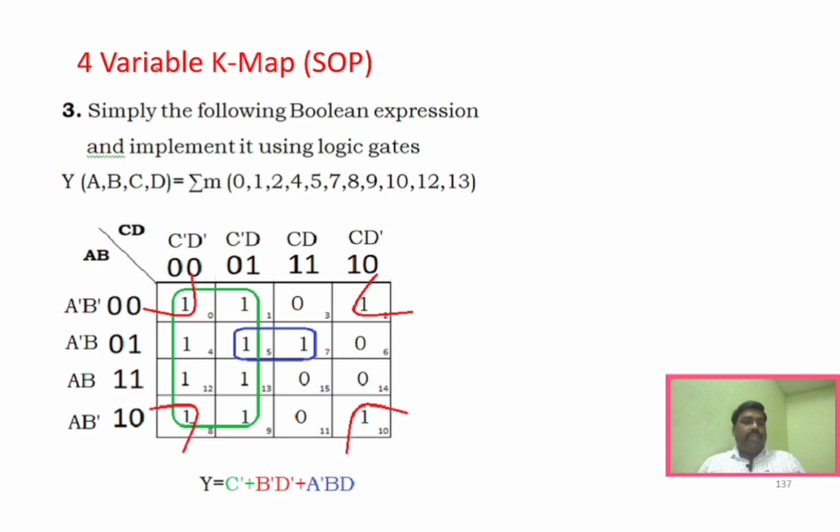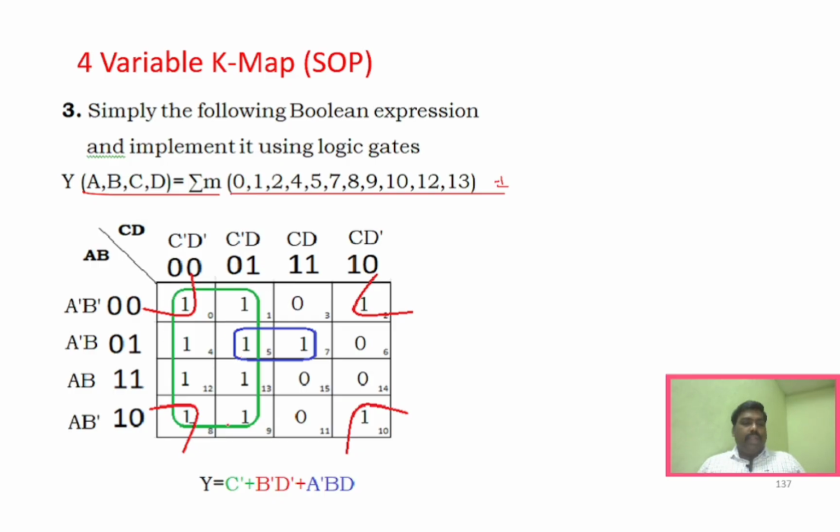Very first step, you have to identify the 4 variable K-Map, and then you have to assign these variables 00, 01, 10, 11, and then the positions. And you have to understand that for the SOP method, 0 is complement and 1 is non-complement. Then you assign values for all the positions of 1 since it is the SOP method, and the other values will be zeros.